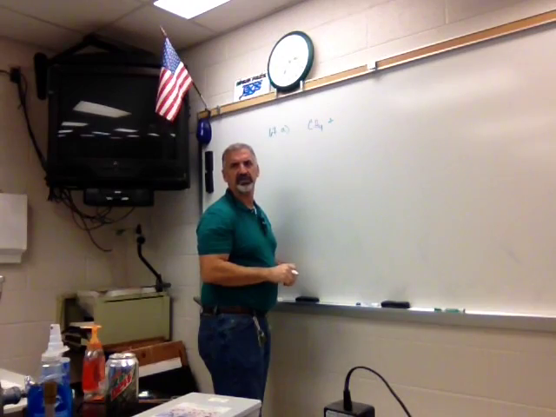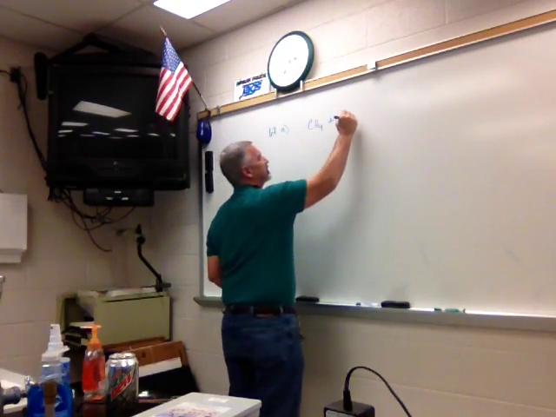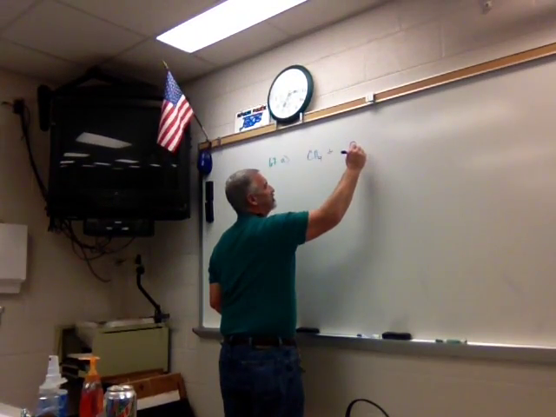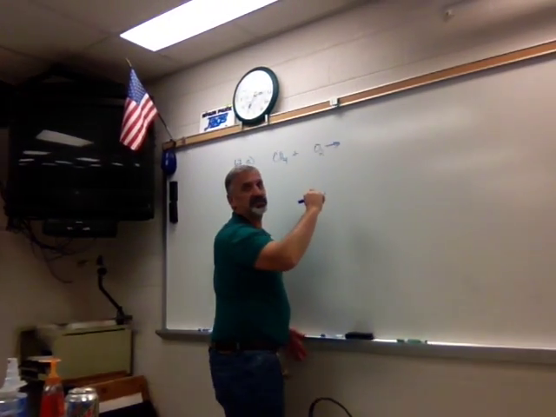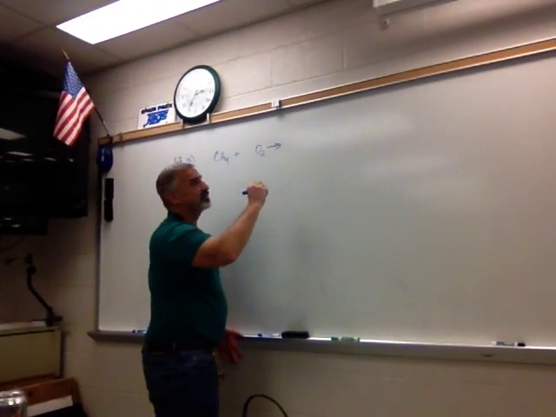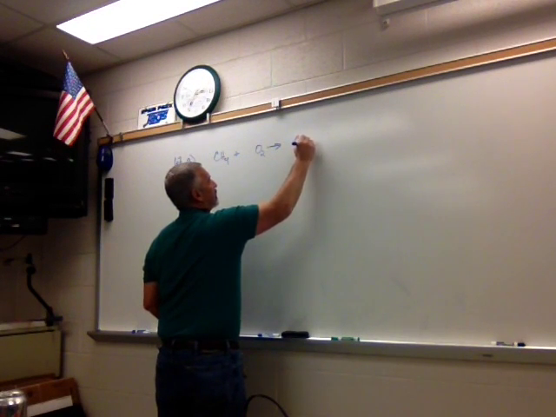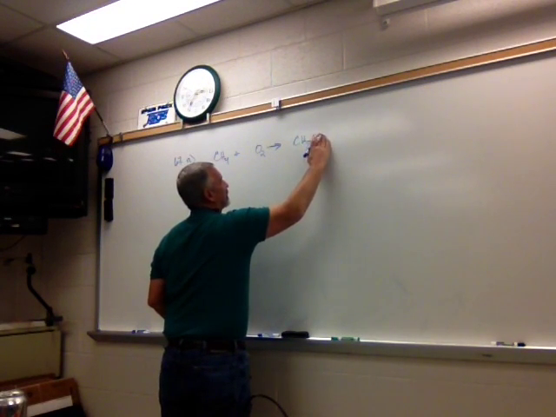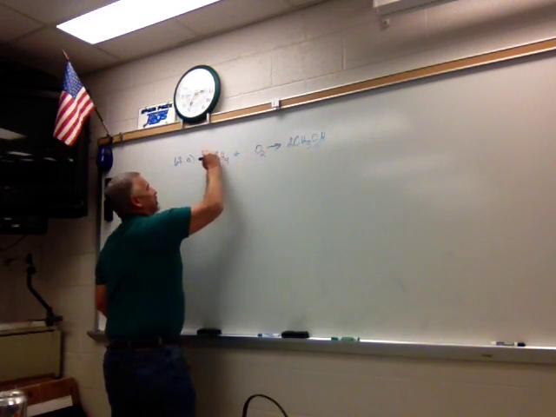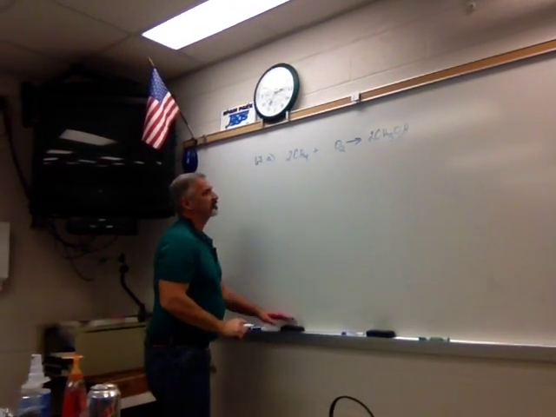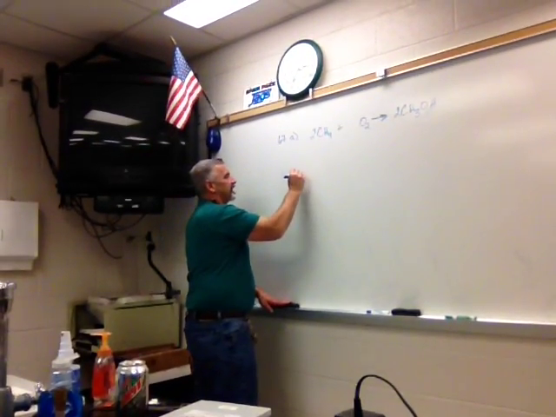Plus what? O2. Is it 4 of them? Is it just O2? And it's going to go to CH3OH? Okay. I knew there were some coefficients in there. All right, so we want to calculate delta H of the reaction.